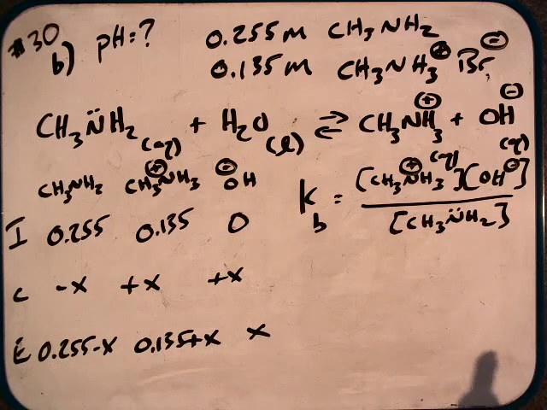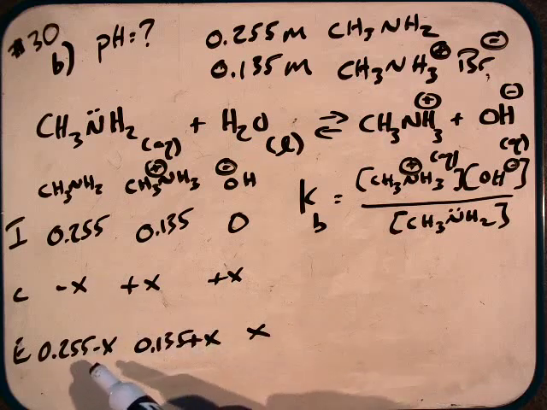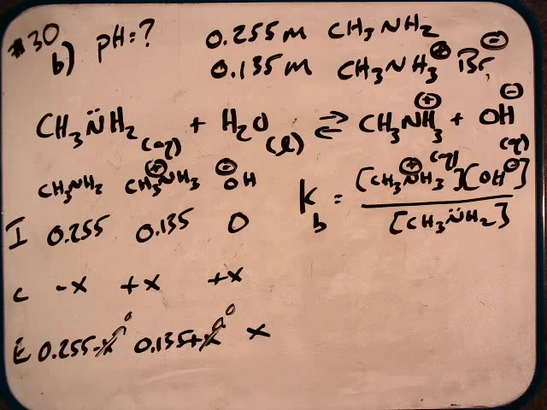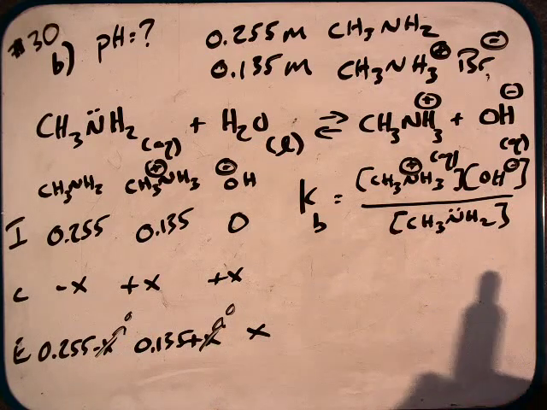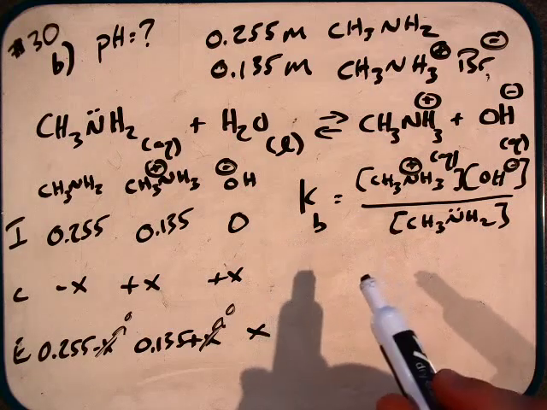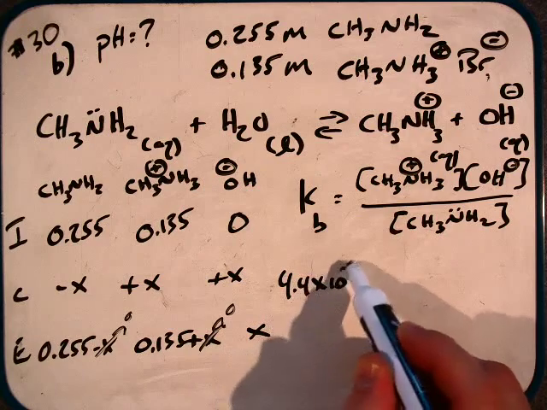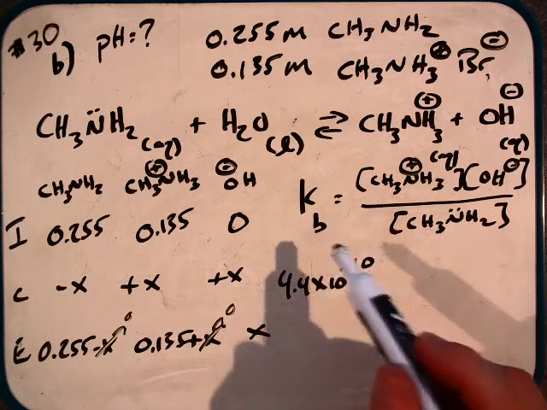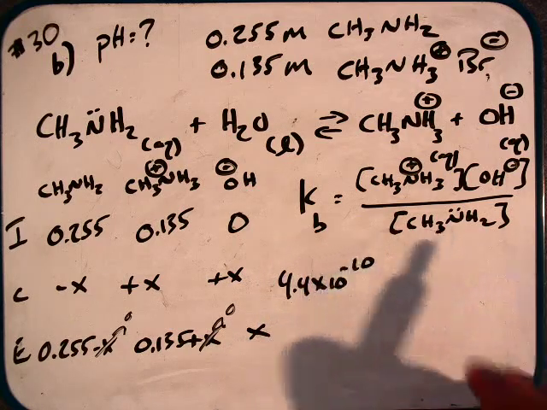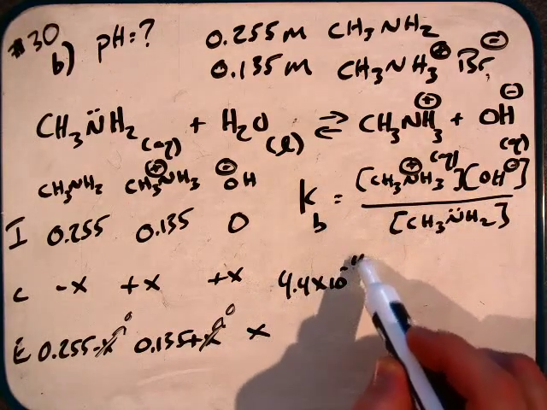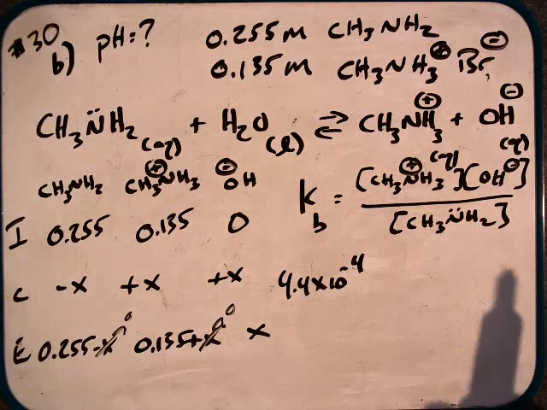And so those are our concentrations with regards to X, and just like we did with part A, we're going to say that X is 0 relative to those initial concentrations. We're going to have to look up that Kb, which we get from a table. So that's where that value comes from. The 4.4 times 10 to the -4th comes from a table.